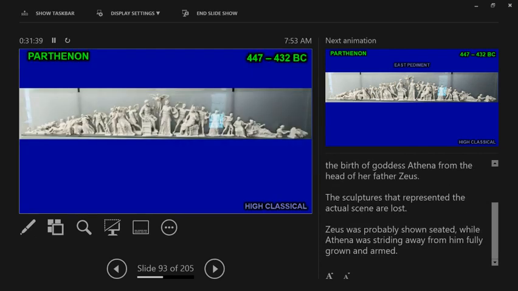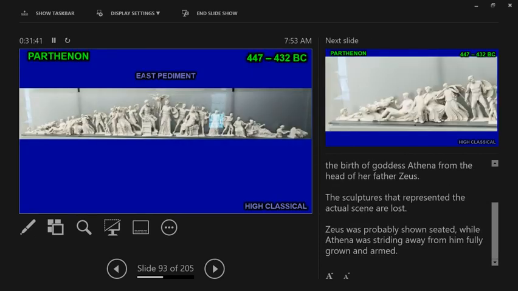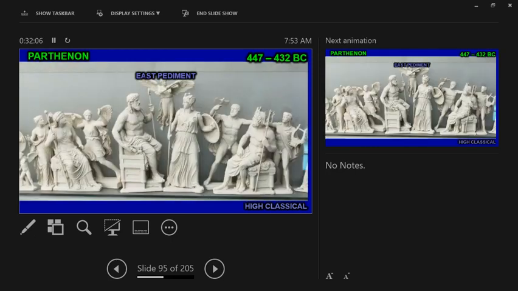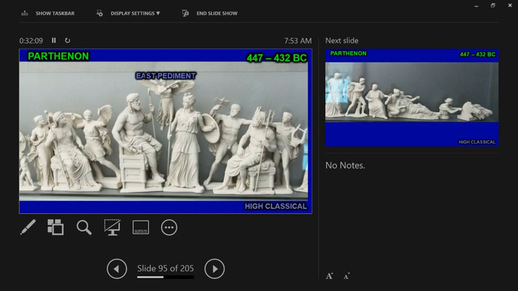All right, so I tell you that story to show you the east pediment of the Parthenon. This is the story of the birth of Athena. On the left side, this is Apollo riding the sun chariot coming up over the horizon. In the center, we have fully formed Athena coming out of the head of Zeus.